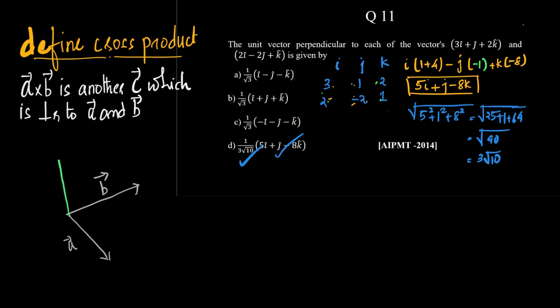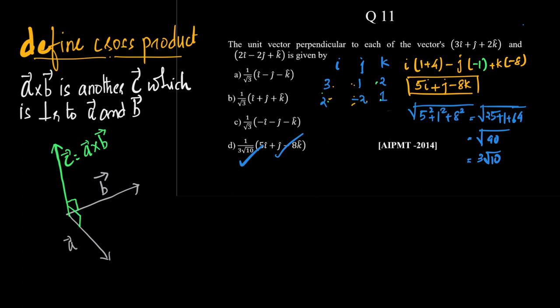It is another vector like this, which is perpendicular to both these vectors. So this vector C is what we call vector A cross vector B.